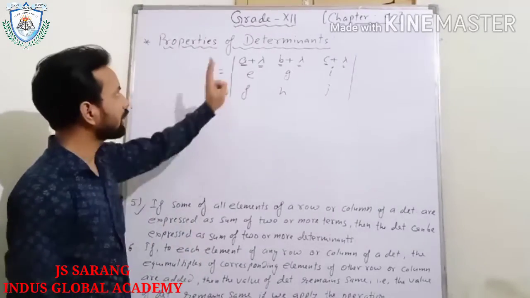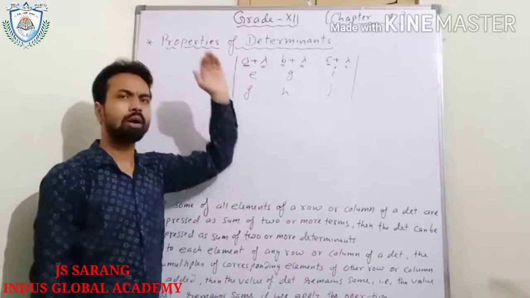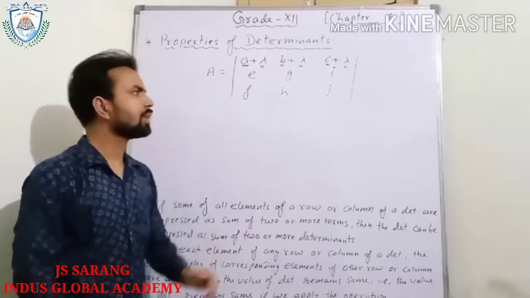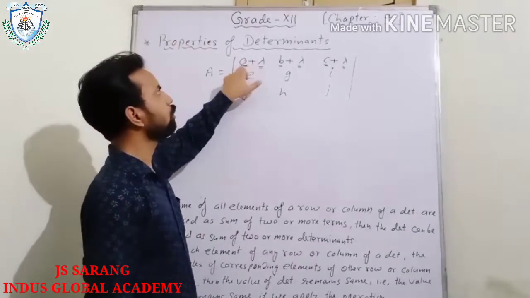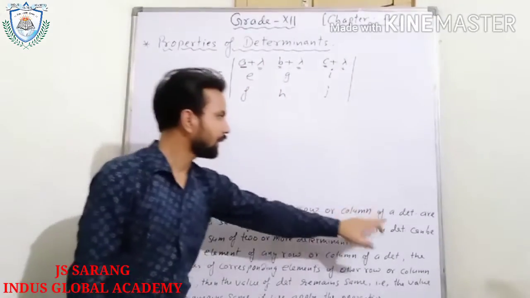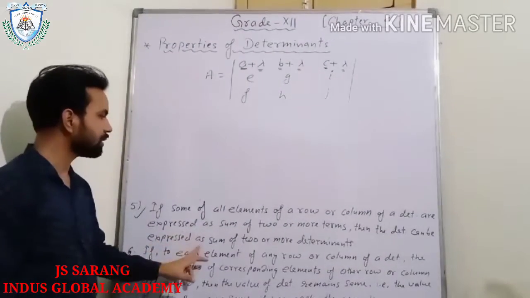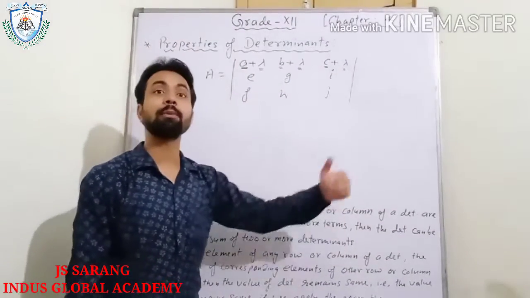So if all the elements of any row or any column are expressed as a sum of two or more terms, then the determinant can be expressed as a sum of two or more determinants.